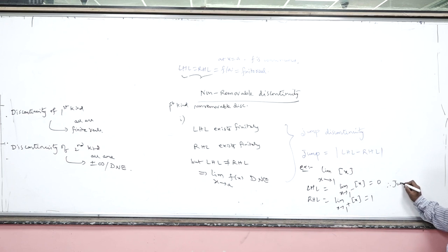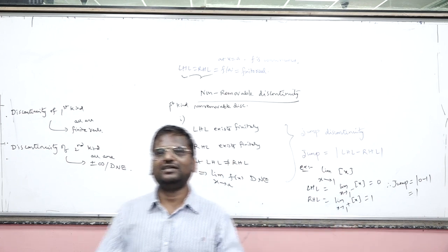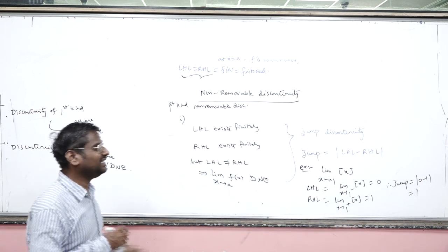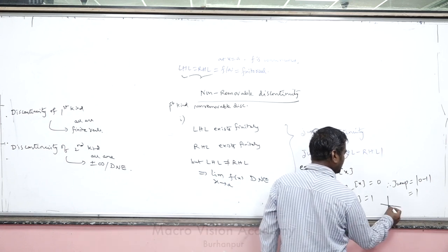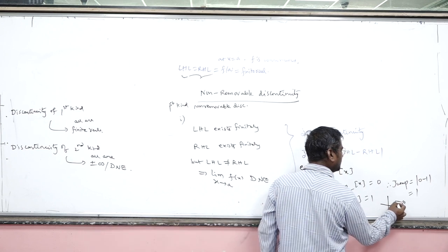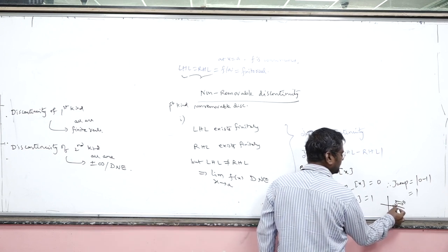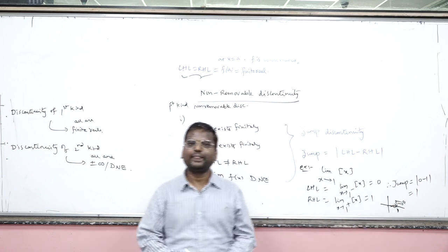Therefore the magnitude of jump, how much jump it made in the neighborhood, is the difference between LHL and RHL, and its modulus. So there is a 1 unit jump that you can see in the graph also. Before 1 it is 0, after 1 it is 1.